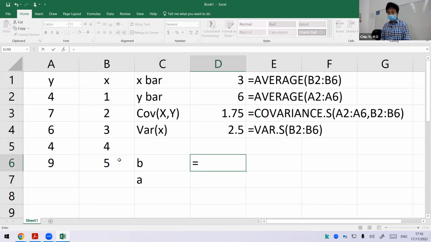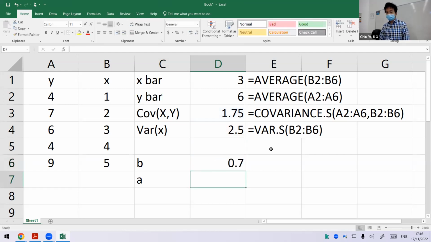The slope will be just covariance over variance.